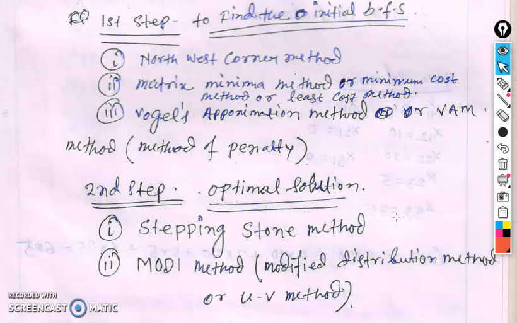When we apply the Modi method you may have some queries, but when you learn the stepping stone method first, you won't have any queries relating to the Modi method. That's exactly why we first learn the stepping stone method.